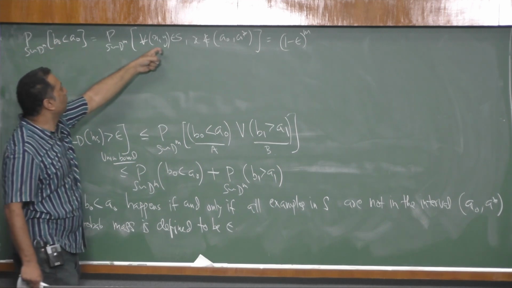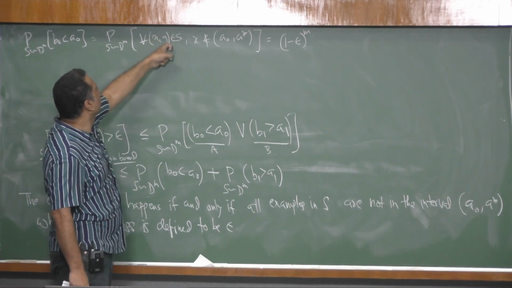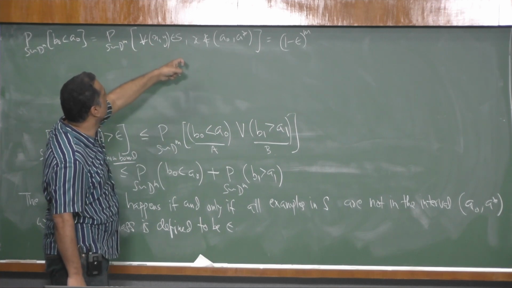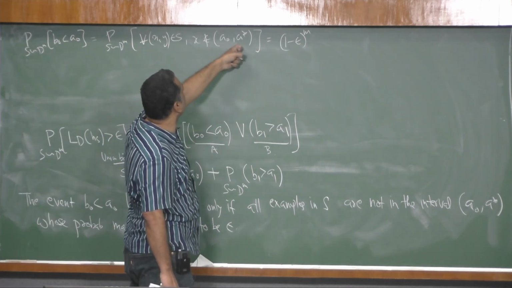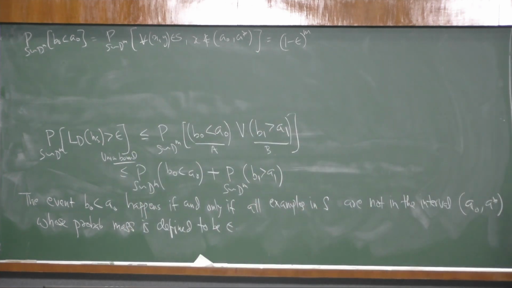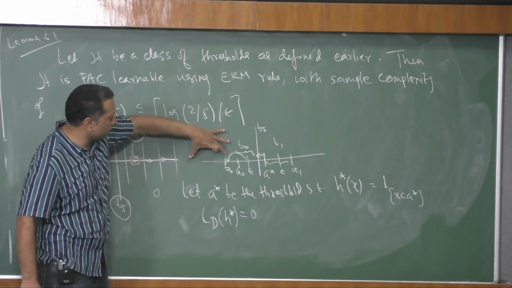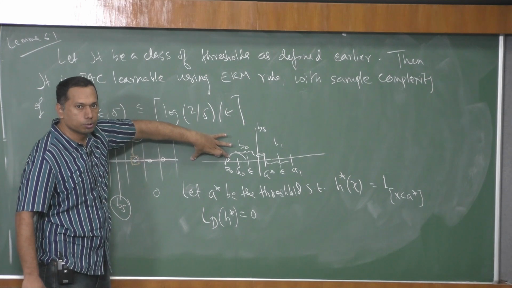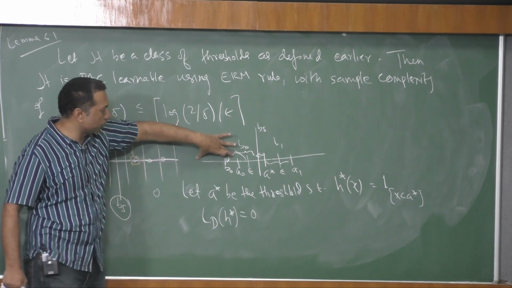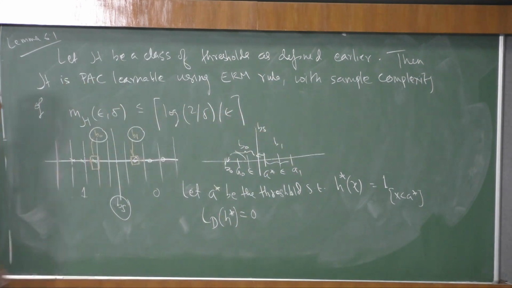It means that all the points x in S were not in a naught a star, meaning x was not in a naught and a star. And b naught being less than a naught means that for all the sample points which were outside, their probability is 1 minus epsilon, and there are m sample points. So the total sample points are m, right?